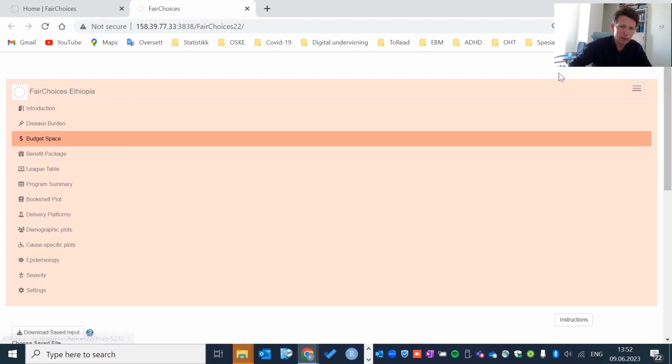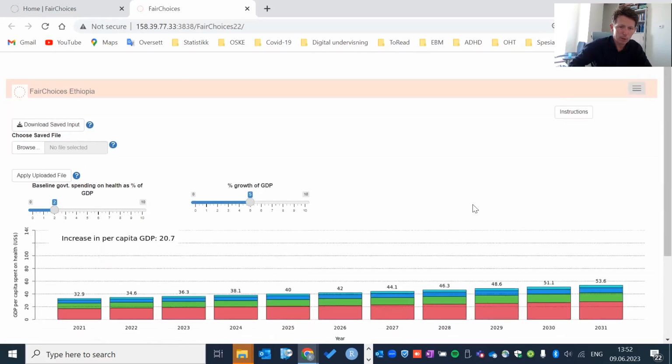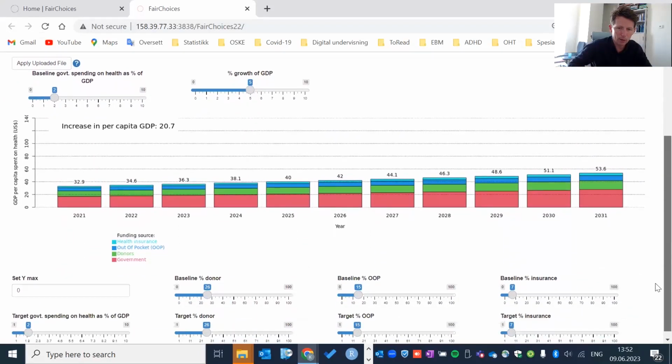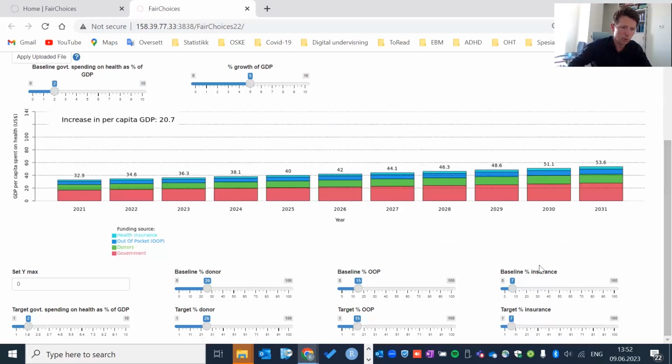But first, we will now move to the budget space analysis, where you can make a more informed decision about how much resources you would expect to have available in the forecasting horizon that you look at the benefit package. And here it's from 2021 to 2031.